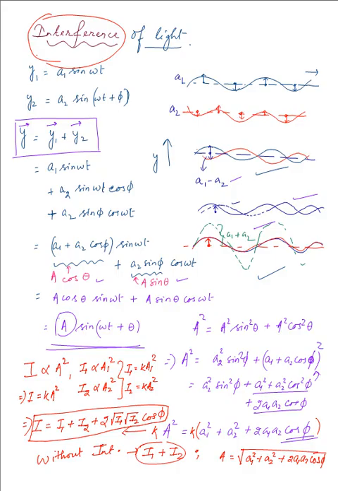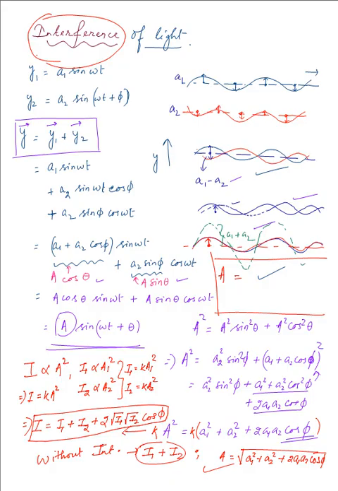That is a very important factor when it comes to interference of light. Now, if that factor phi is completely zero, which means they are in phase with one another, then cosine of 0 is obviously 1. So that would have resulted in this scenario where we obtain, from this equation, A is equal to the root of A1 squared plus A2 squared plus 2 A1 A2, since cosine of phi is 1 in this case.